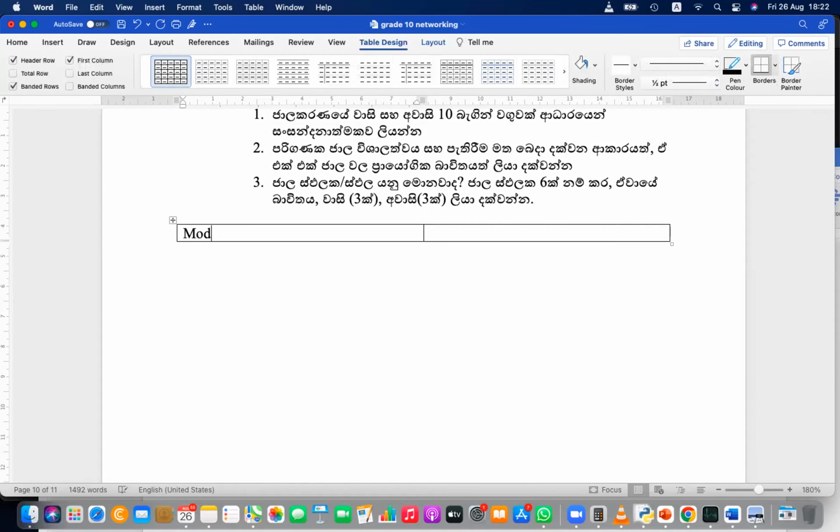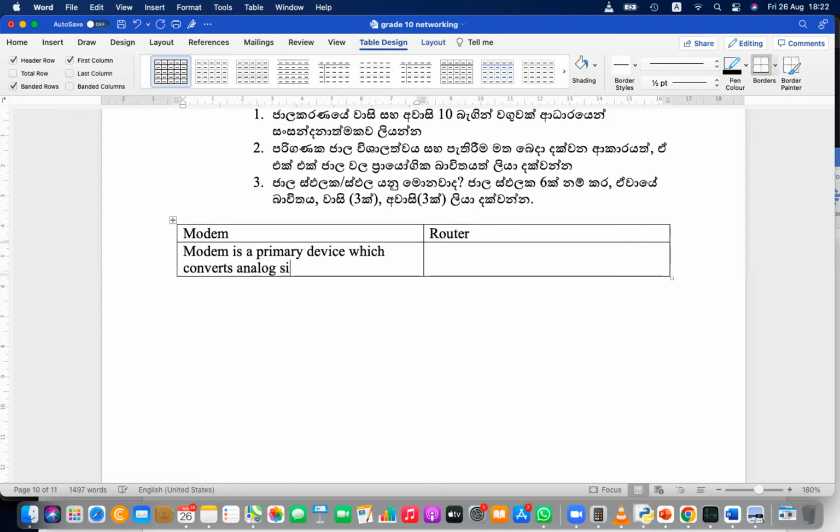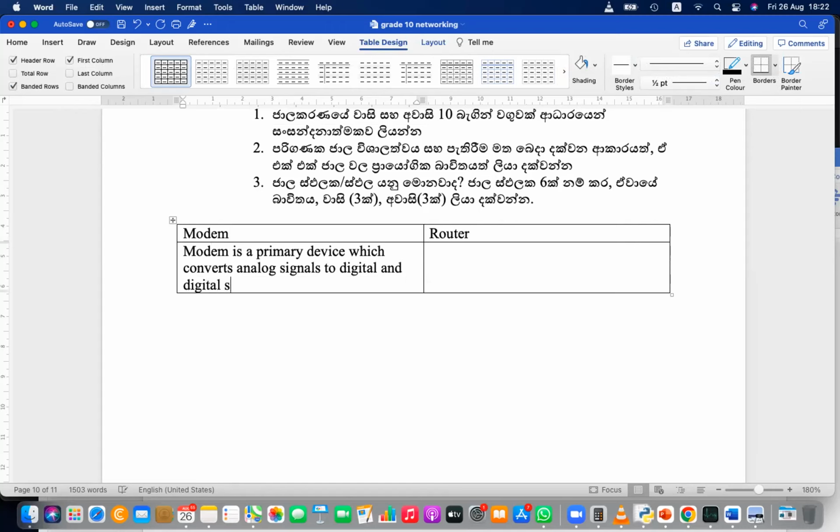So one side modem, the other side router. Modem is a primary device which converts analog signals to digital and digital signals to analog.